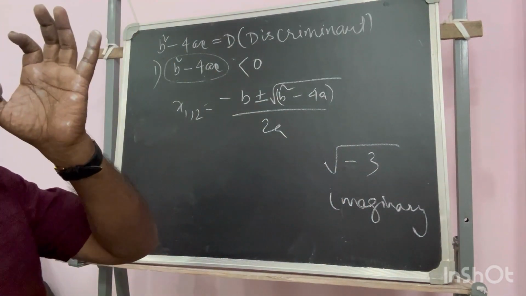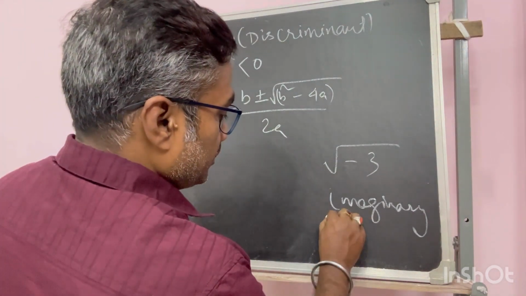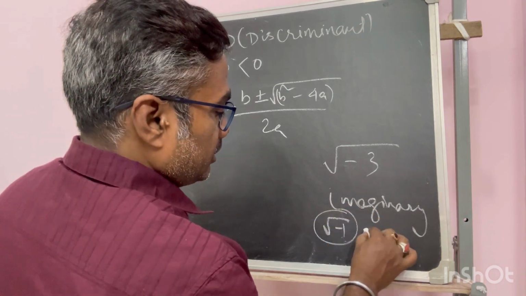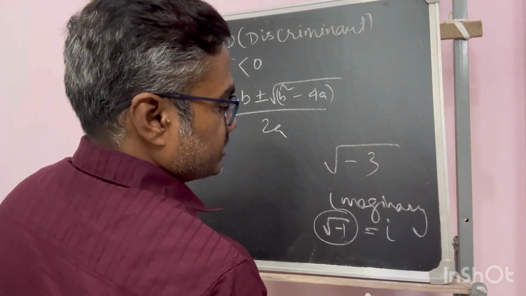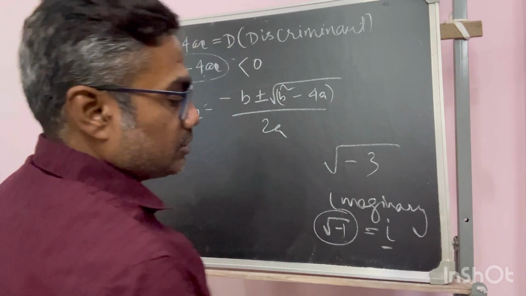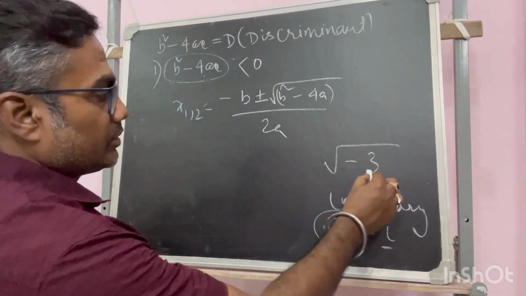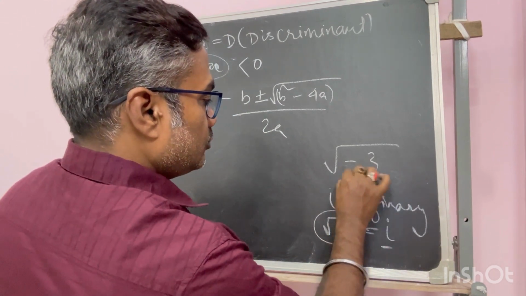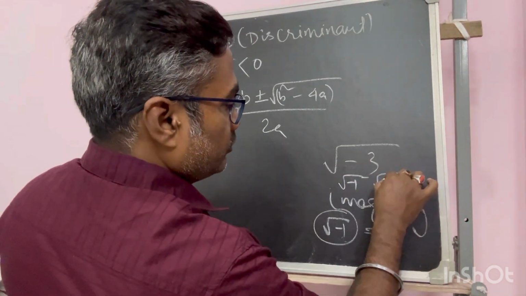So for that we brought a term where I define the square root of minus 1 as a specific sign, a small i. And for any case, 3 can come out; we can write it as root of minus 1 into root of 3.